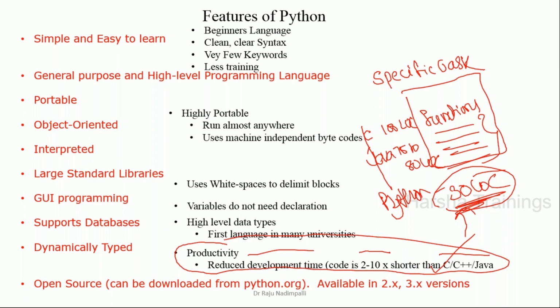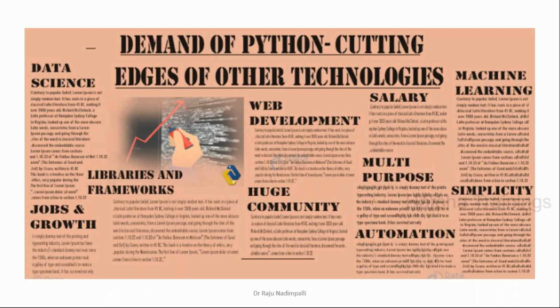Now, I'll spend just 2 minutes on this. Why is Python in such demand in the market? Because using Python, I can write data science applications. Using Python, I can also write machine learning applications, web development applications, and automation scripts which are used in organizations.